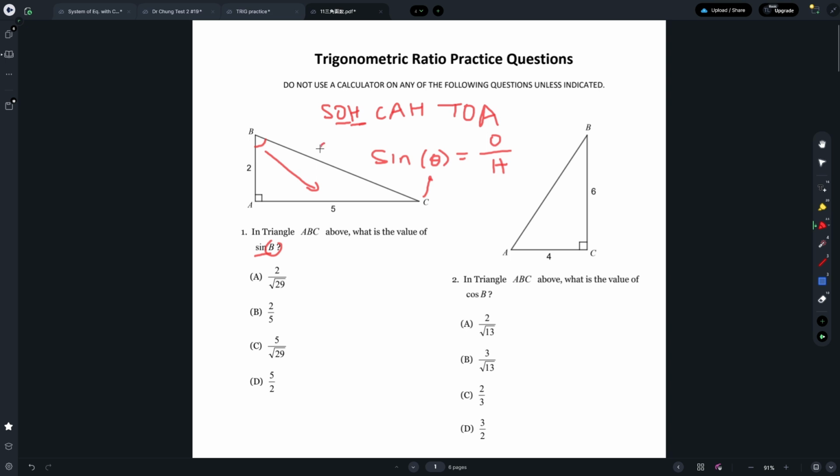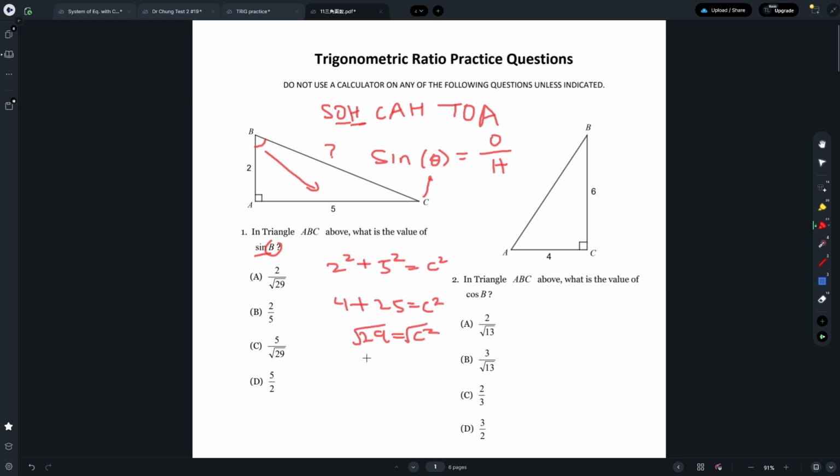opposite over hypotenuse. Now we don't know the hypotenuse, so how do we figure out the hypotenuse? Obviously we have the Pythagorean theorem. So if we do 2 squared plus 5 squared equals c squared, we can get 4 plus 25 equals c squared, 29 equals c squared, and square root.